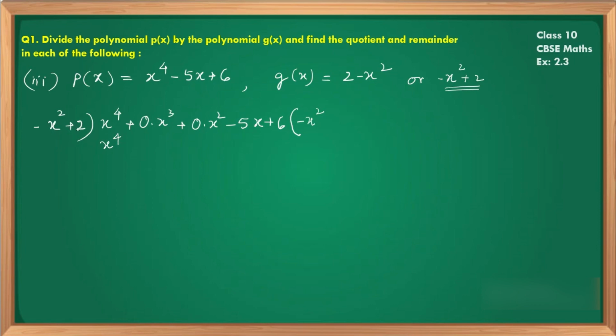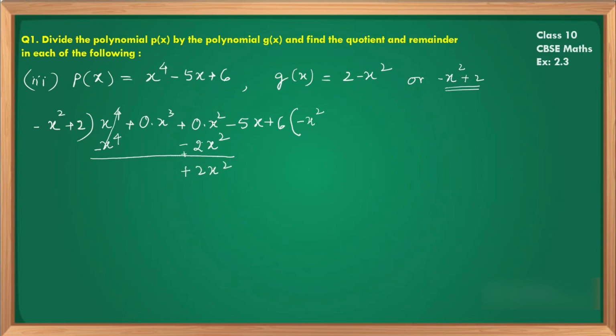You have plus 2 multiplied with minus x square, you get minus 2x square. Now this gets cancelled because this becomes minus, and we have plus already here. This gets cancelled, and this is 0, we don't write, and this becomes plus. Now this is plus 2x square.